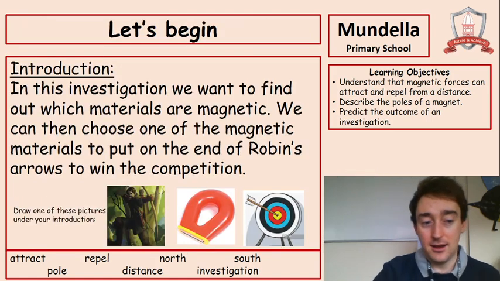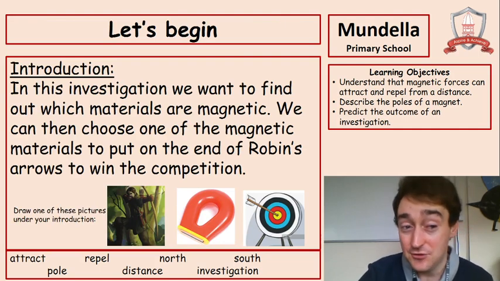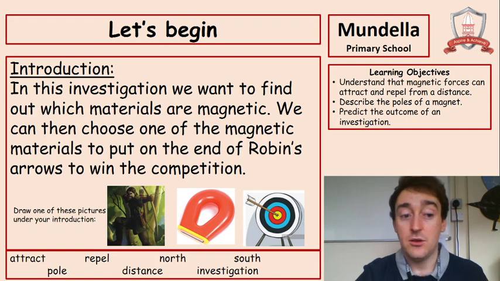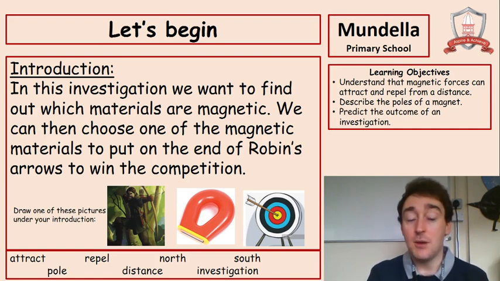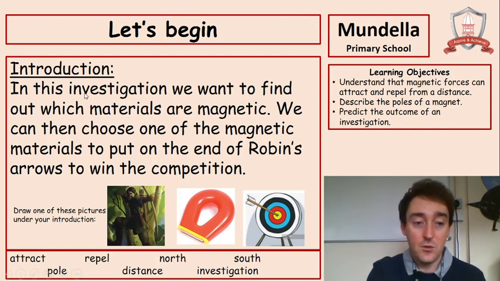Right, let's begin. So, we have to write an introduction to begin with. For the introduction, I'm not going to ask you to do this much, but the introduction is going to stay the same. So, you'll need to copy out what you can see on the screen there. Copy out this. Introduction, underline it with a colon at the end.